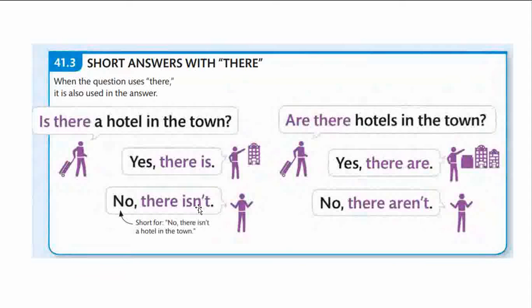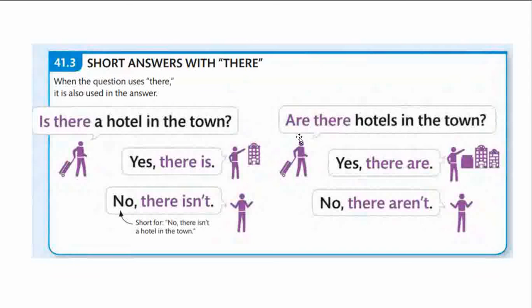Is not becomes isn't. The full sentence would be, no, there isn't a hotel in the town. Usually, when you are working on class assessments, or writing a dialogue for an examination, you are expected to write the full sentence. If you finish with a short reply, you are marked down.